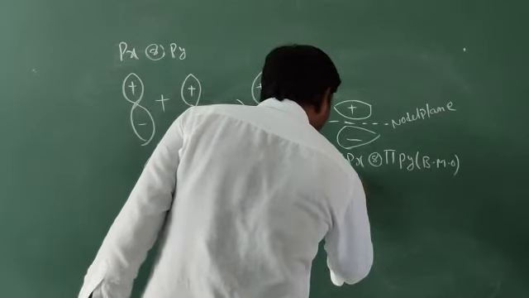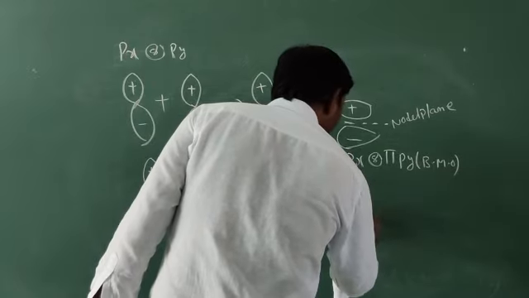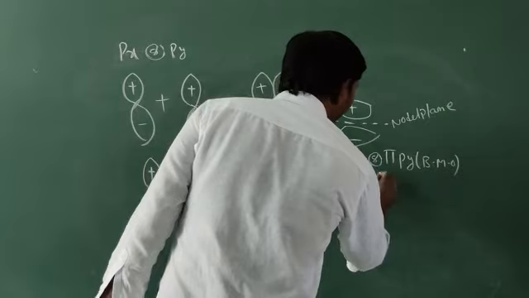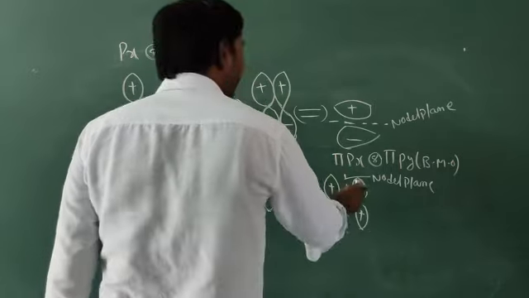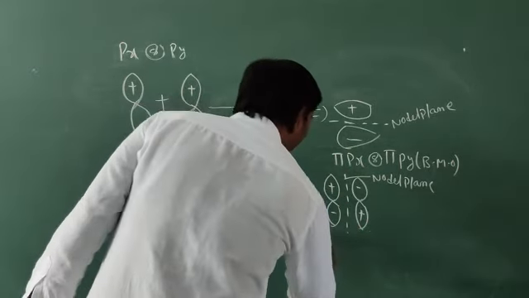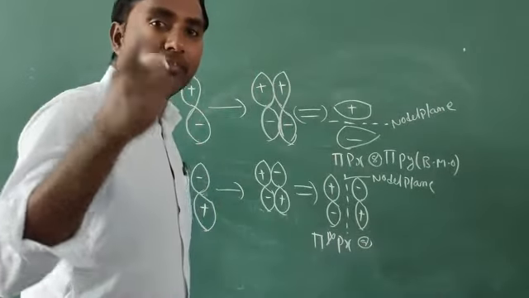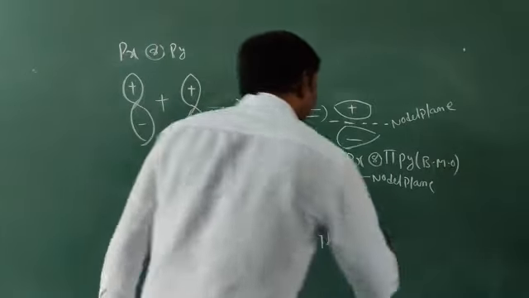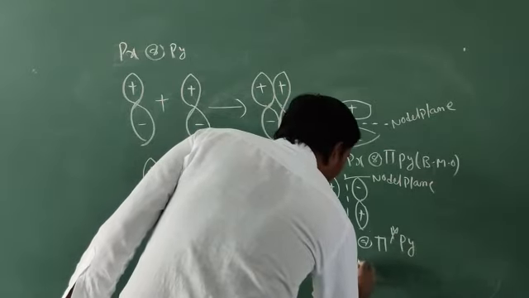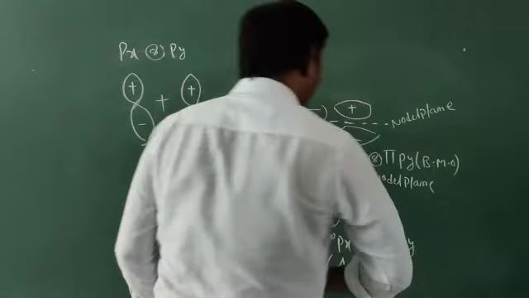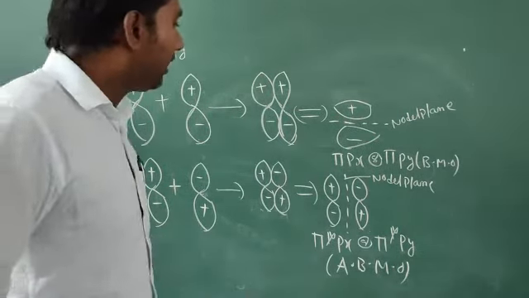Plus, minus: this is a nodal plane. Minus, plus: this is a nodal plane. So this is the Px and Py anti-bonding molecular orbital. Pi star Px means the Px anti-bonding molecular orbital, or pi star Py. These are anti-bonding molecular orbitals.